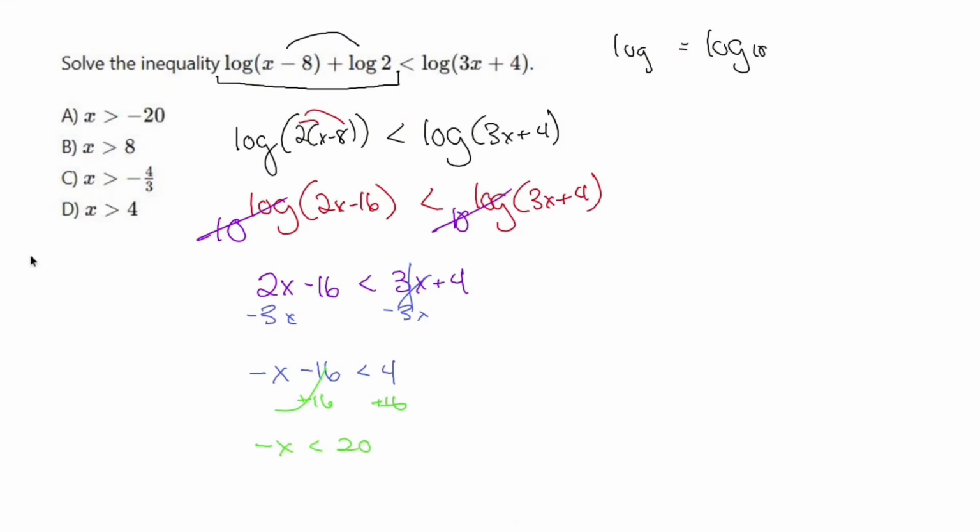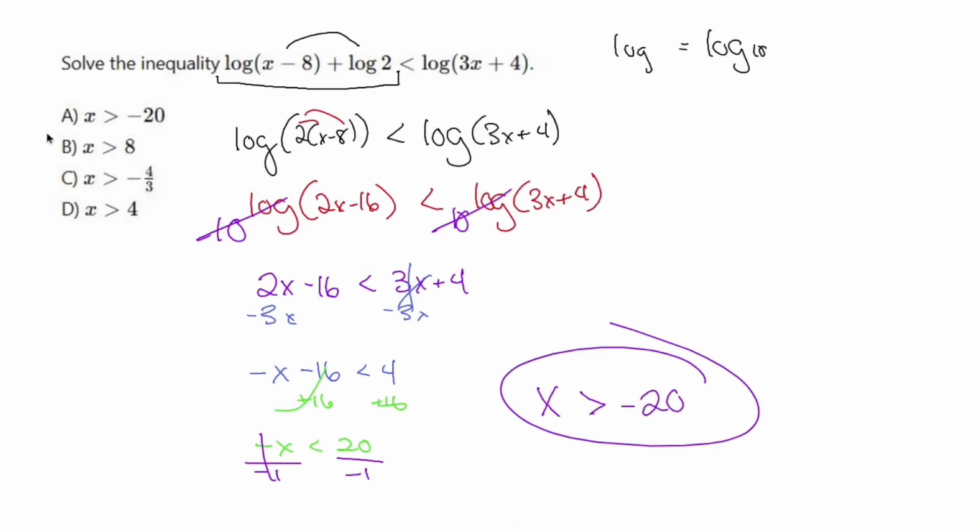Divide both sides by negative 1 in order to get rid of the negative. And whenever you divide an inequality by a negative number, you flip the sign. X is greater than negative 20 here, which is going to be A. So the problem looks bad, but really wasn't. It was fine. I lived.